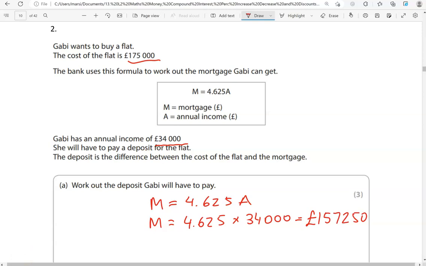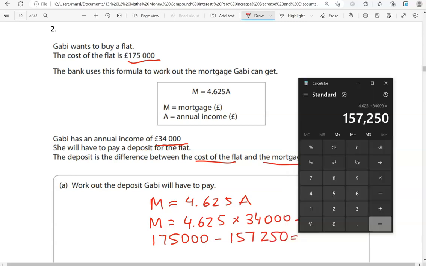That is how much mortgage she can get, and the deposit is the difference between the cost of the flat and the mortgage. So the cost of the flat is 175,000, so take away 157,250 should give us the deposit.